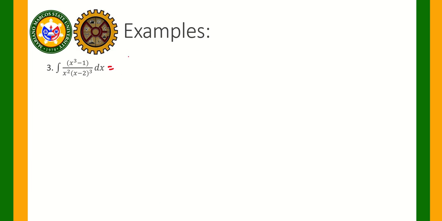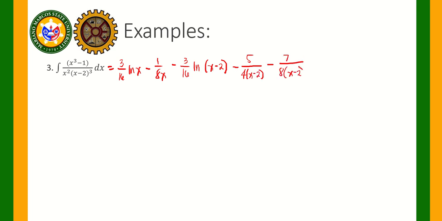So, this will be equal to, what is our first term? That is 3 over 16 ln of x. And then minus 1 over 8x. And then negative 3 over 16 ln of x minus 2. Then negative 5 over 4 times x minus 2, and then negative 7 over 8 times x minus 2 quantity squared, and then plus c.